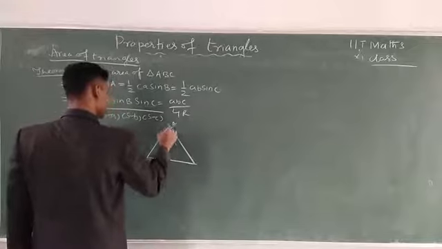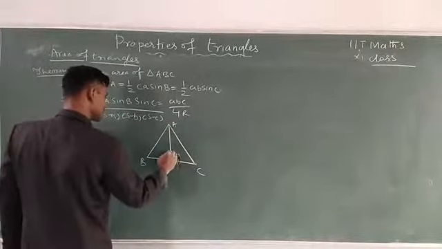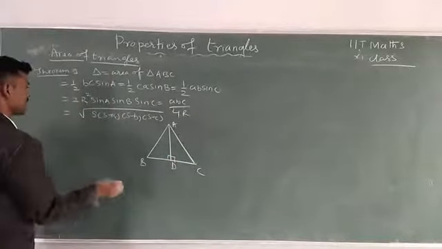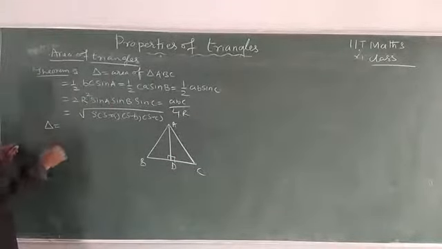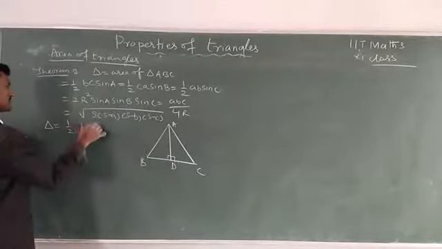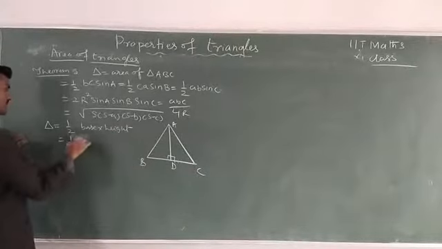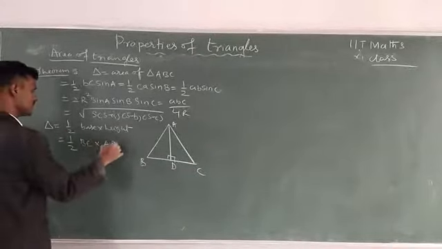This is triangle ABC. You have to draw a perpendicular on BC. This is D. Now see here. Actually, the area of the triangle is represented by delta, half into base into height. Here, half into, what is the base here? BC into AD.